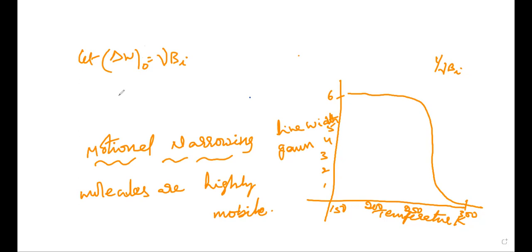If the atoms are in rapid relative motion, the local field Bi seen by a spin will fluctuate rapidly in time.